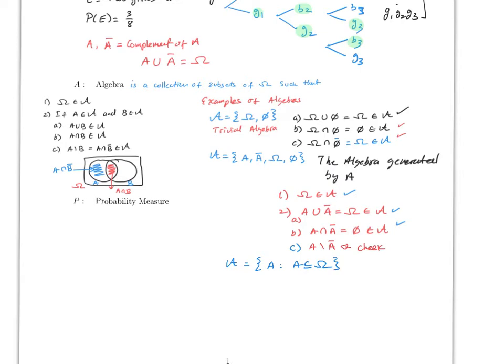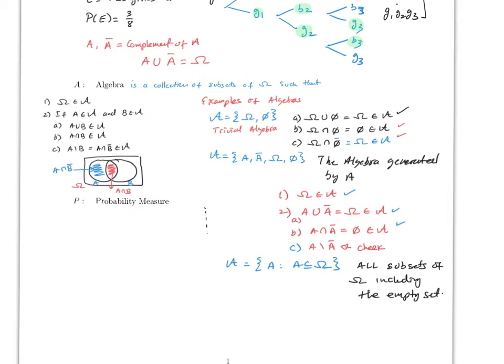So this is the algebra of all subsets of omega, including the empty set. Okay. So these are the three algebras we will be dealing with, mostly this one. But now you have an idea of what an algebra is.